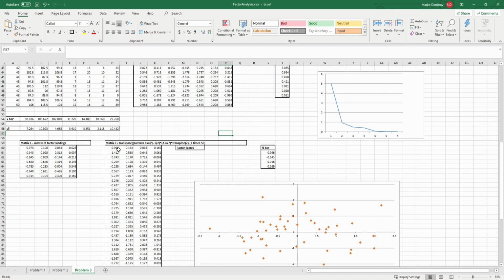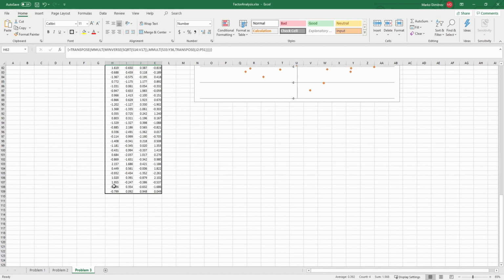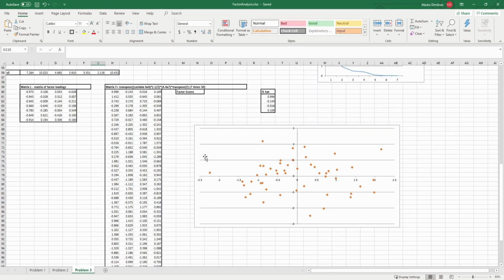So what we get is something similar to our ordinary least squares estimator, for our f1 hat, f2 hat, f3 hat, and in this case f50 hat.